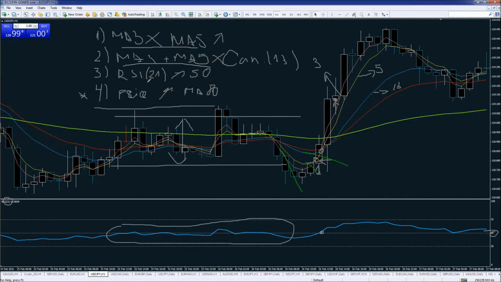What we need to look for is relative strength, which is the 21 period, and it should be above 50. And of course, here we can also add the moving average 21. So basically there are 2 ways of defining this second rule.